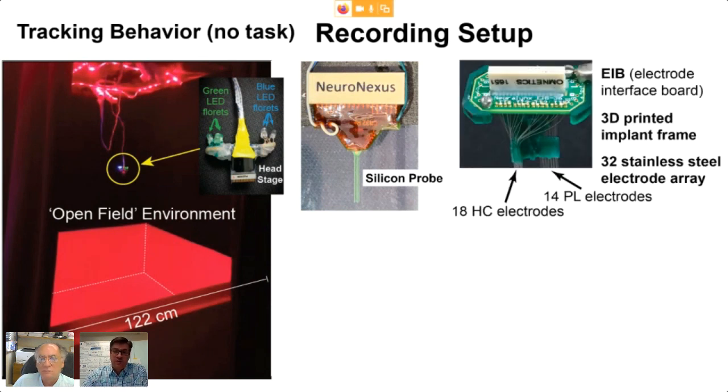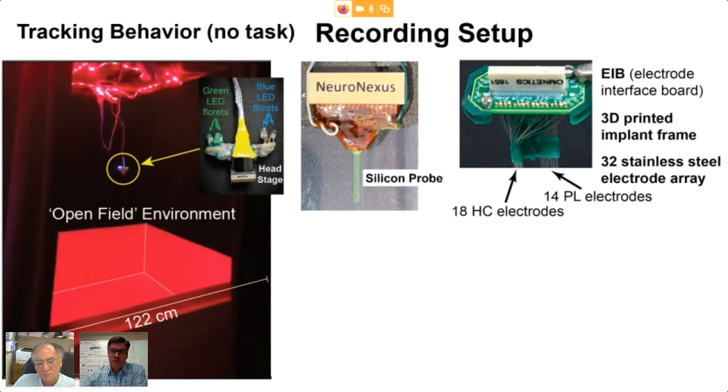A second recording setup that we use, that is relevant to one additional figure I'll also try to show you before the end, is handcrafted, or custom made, I should say, in the lab. They're 3D printed recording bodies that have an electrode interface board in them, and then any conformation of electrodes that we'd like to record from.